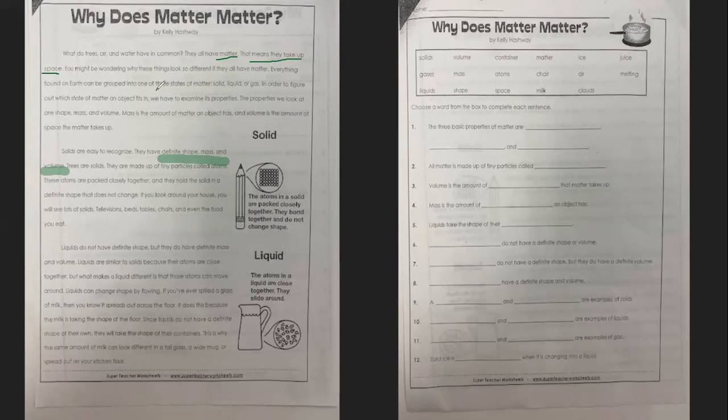And they're grouped into three states of matter: solid, liquid, or gas. You have to look at shape, mass, and volume. Mass is the amount of matter an object has. Volume is the amount of space it has. And so they're made up of tiny particles called atoms. Atoms are packed closely together.